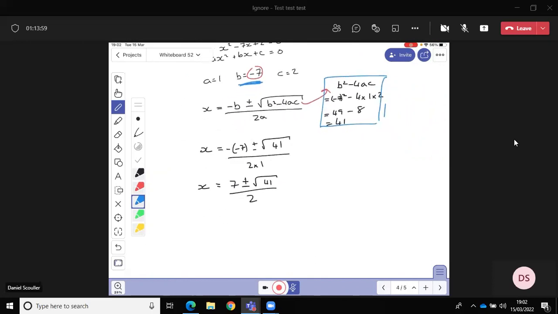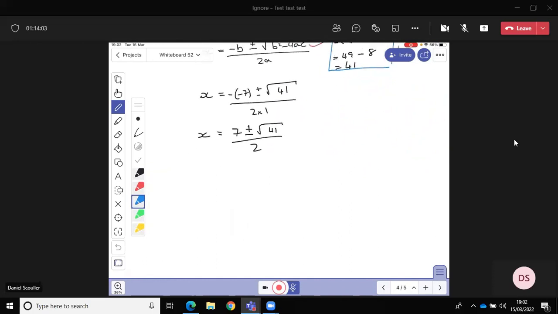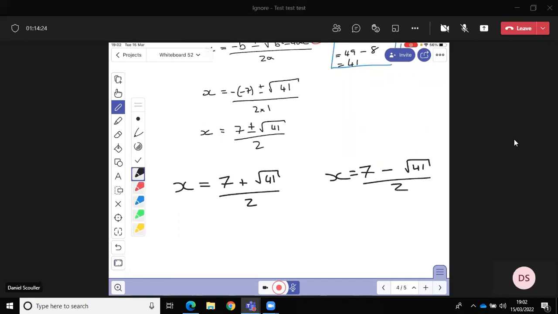So negative b, so negative 7, you're getting positive 7. We're splitting that into 2. And then we're just solving that in our calculator.